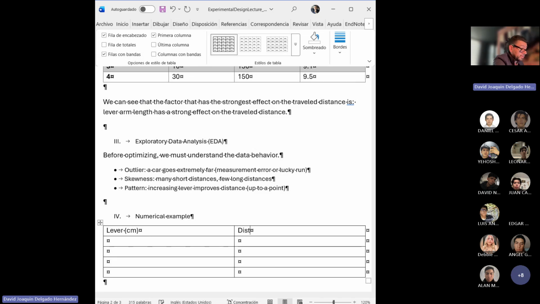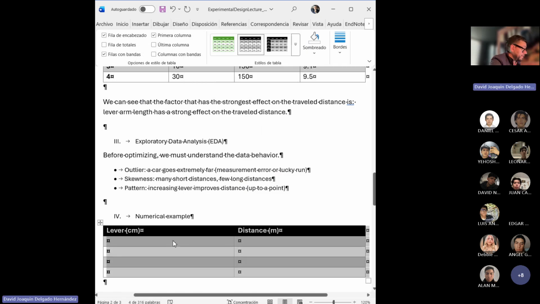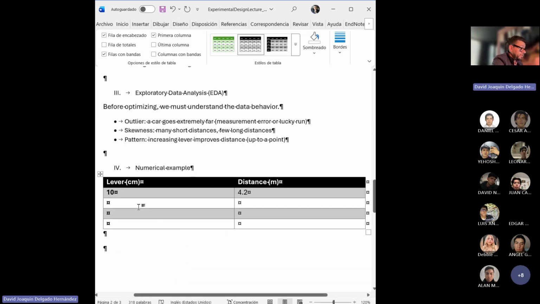And I am going to record the distance in meters, okay? So let me put this format to this table. So imagine that you have a lever of 10 centimeters and you record the distance of 4.2. Now, I double the length of the lever arm from 10 to 20 and you improve the distance and now you can record 6.5.